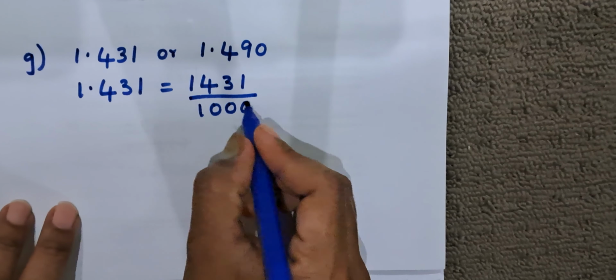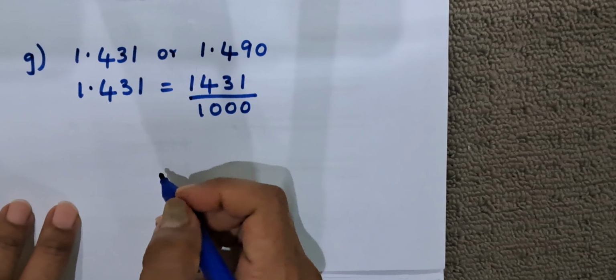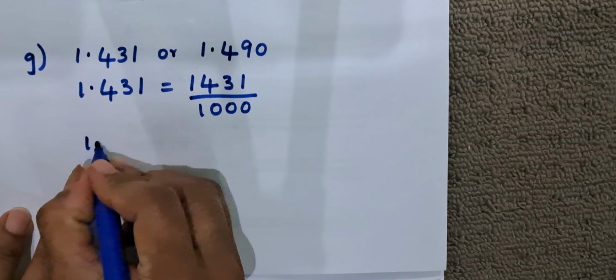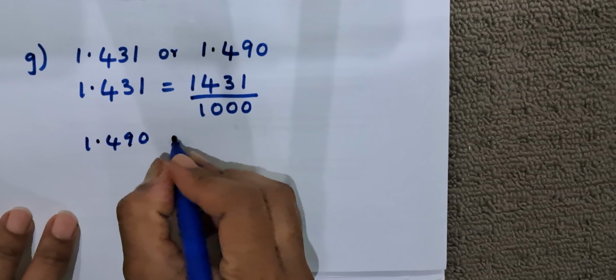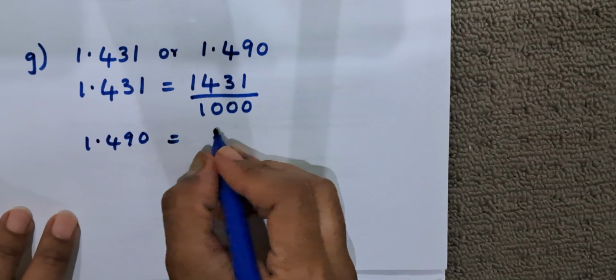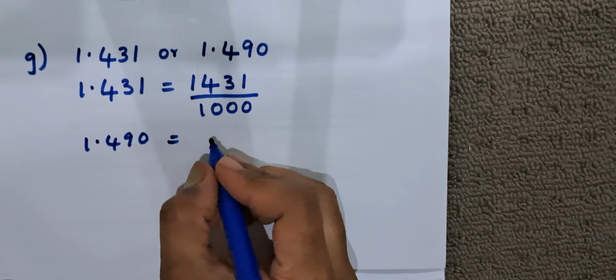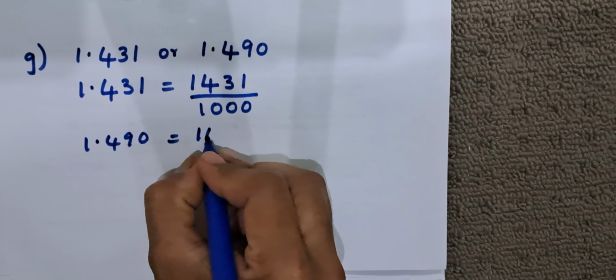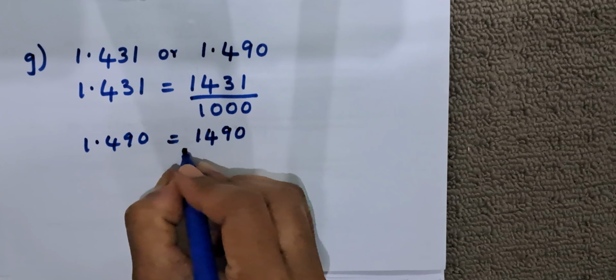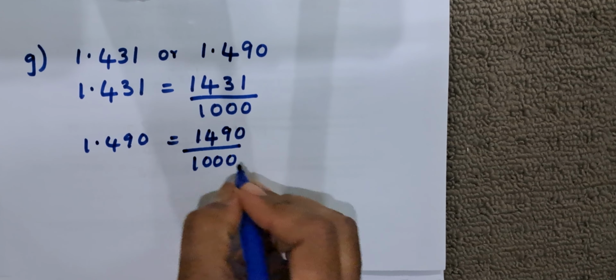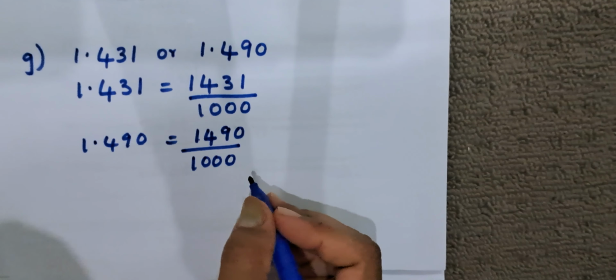So we are adding 3 zeros in the denominator. Now similarly 1.490 becomes, we will shift the decimal point to the right 3 times. So it becomes 1490 divided by 1000. So the denominators are equal.